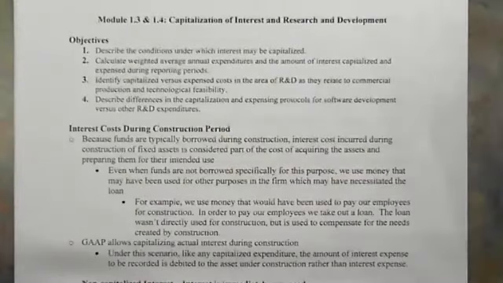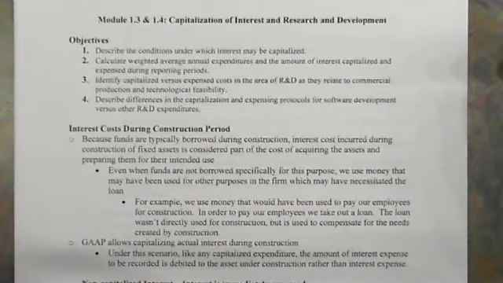So the rest of this chapter is going to be based on funds used for construction and how we can capitalize interest in construction projects as well as the funds used in construction. And then we're going to look at research and development expenditures, how we classify them.